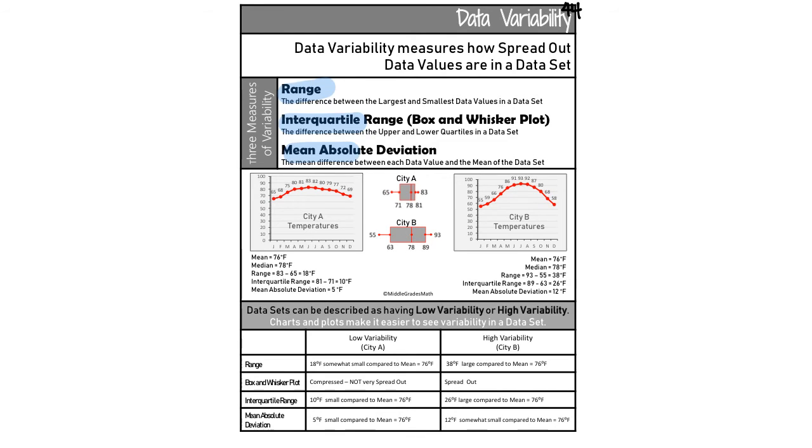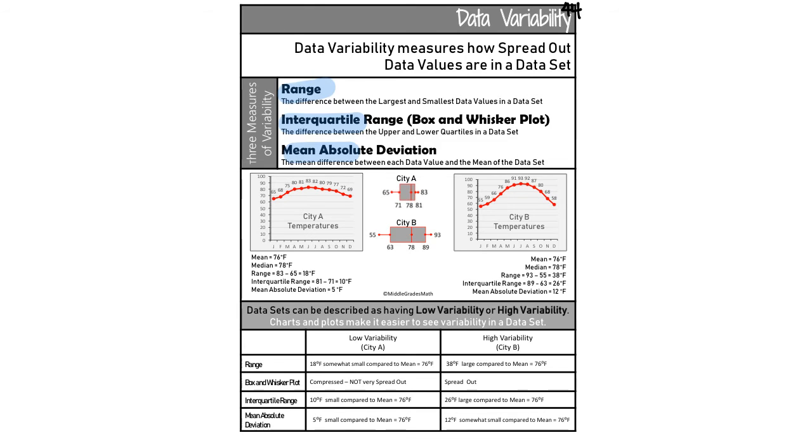The IQR is 10, which is small compared to the mean of 76. And then the mean absolute deviation of 5 is small compared to that mean of 76. So that's a city with not a lot of variability in their temperatures.